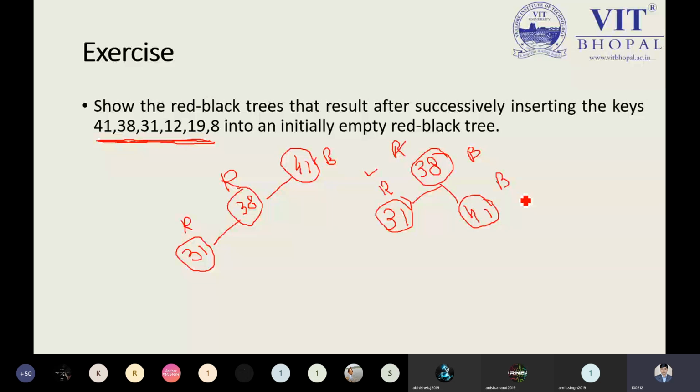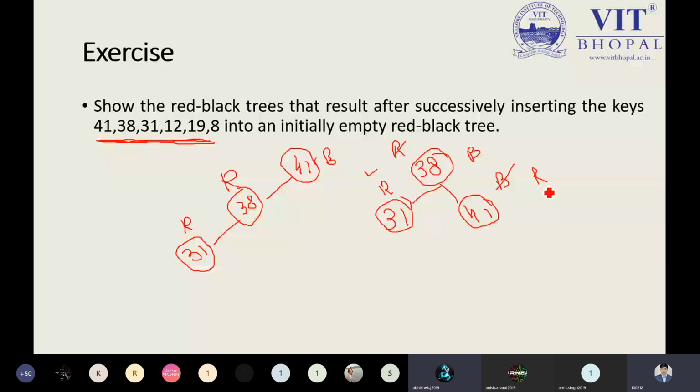Okay, so 41 black is okay, but somehow we need to see this should be red, because at the same level it is notifying that there should be red. Can I do it, or is it not required?